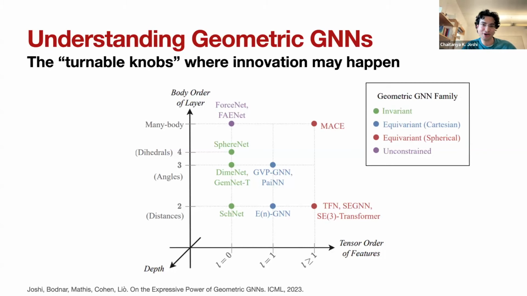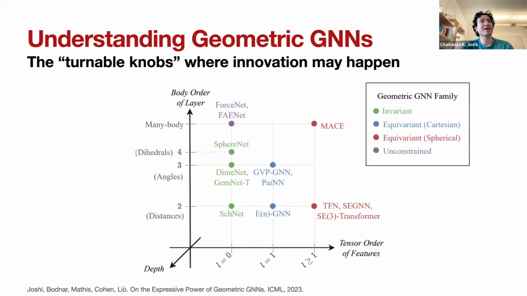The tensor order of these layers, which means whether you're using invariant or equivariant message passing, as well as whether you're using higher order tensors, which perhaps dictates the frequency of your features, or how expressive these features are. And then lastly, depth, which is quite simple and just covers how many layers of message passing you do, how deep you propagate into the graph.